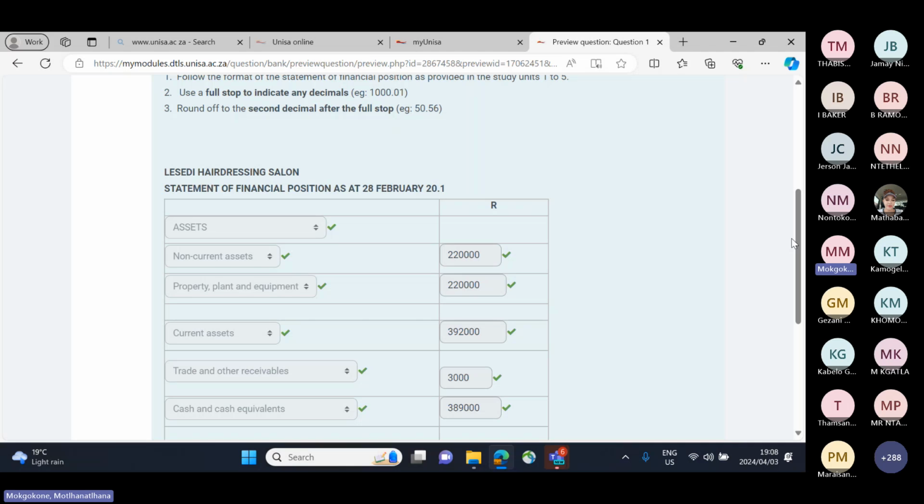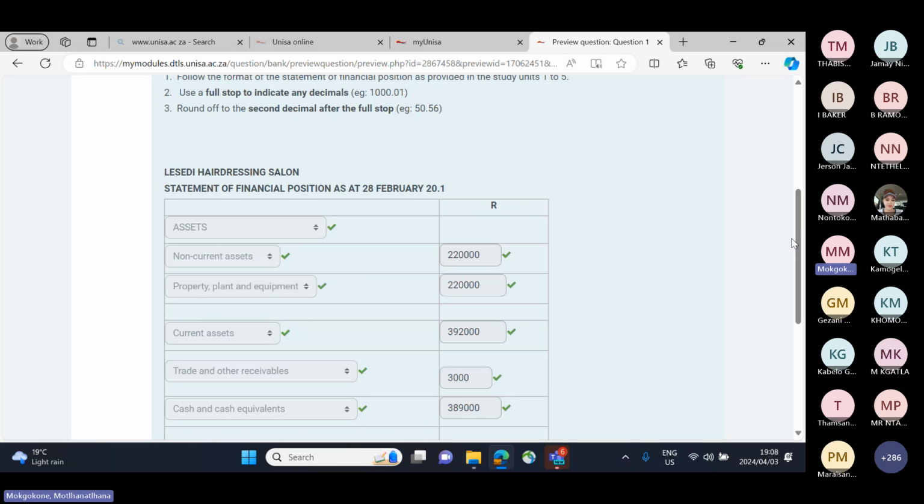Where we told you assets is what the entity owns. Then under that, we gave you examples of current assets and examples of non-current assets, where we said assets are classified into two categories, which is current assets and non-current assets.